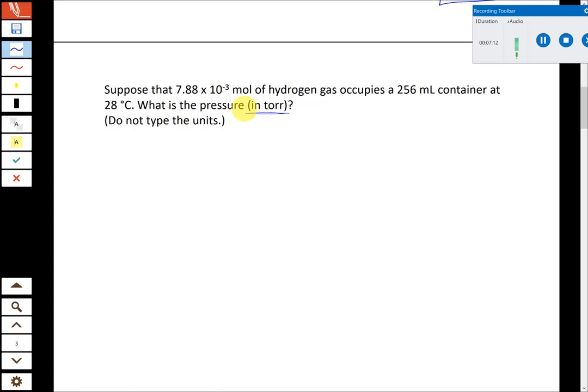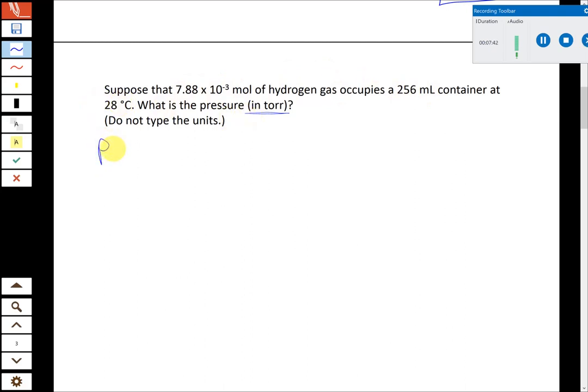So in that case, you just have one sample of gas, the conditions are all one set of numbers, and you just have to solve for an unknown. Then the other major type, which we'll get to next, is one where you have a change in one or more of these parameters, and you're trying to figure out how that affects the condition of the gas. And so we'll get to that in a second. But this one here, we're just given one set of conditions, a certain number of moles, a certain volume, a certain temperature, and we're asked to solve for pressure.